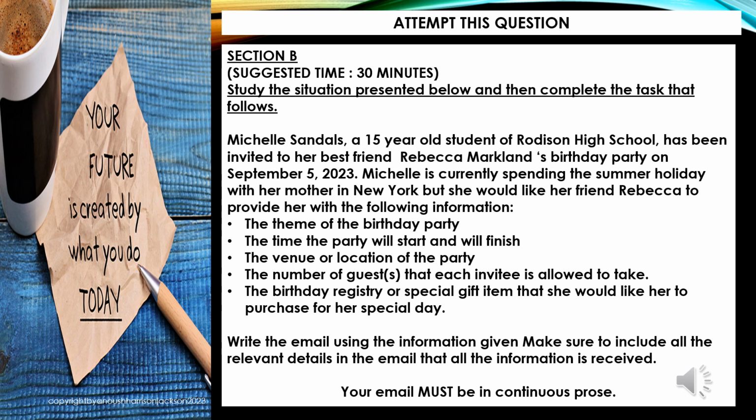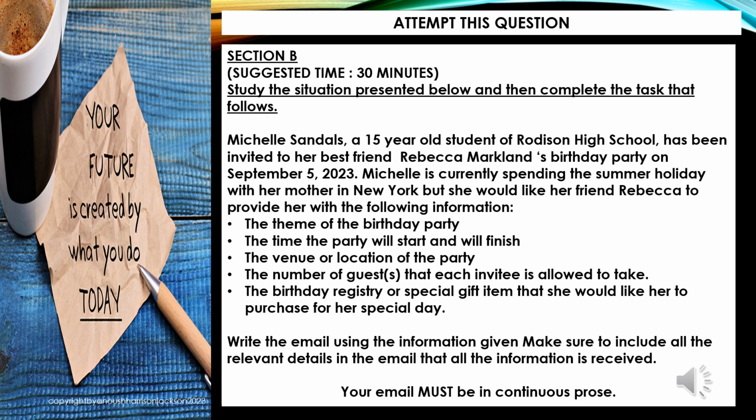1. The theme of the birthday party. 2. The time the party will start and will finish. 3. The venue or location of the party. 4. The number of guests that each invitee is allowed to take. Lastly, the birthday registry or special gift item that she would like her to purchase for her special day.